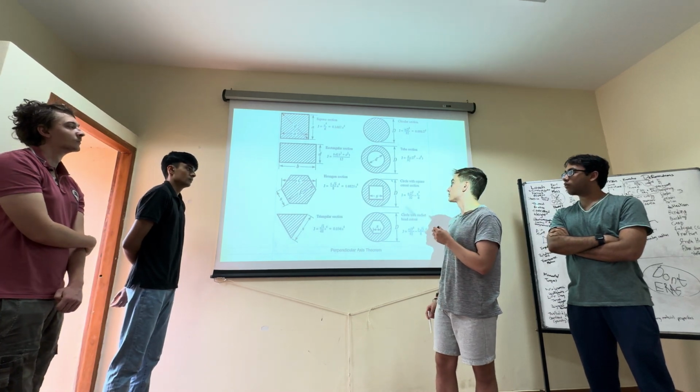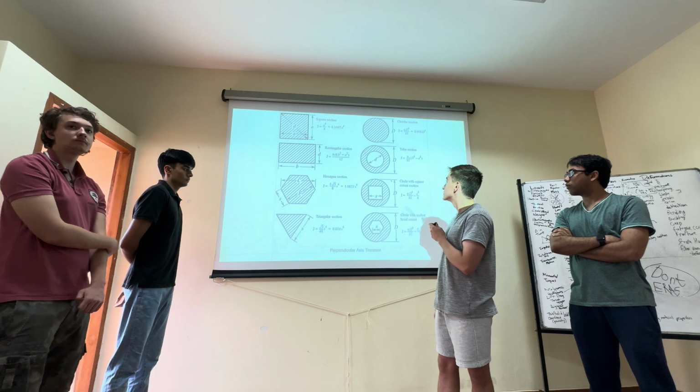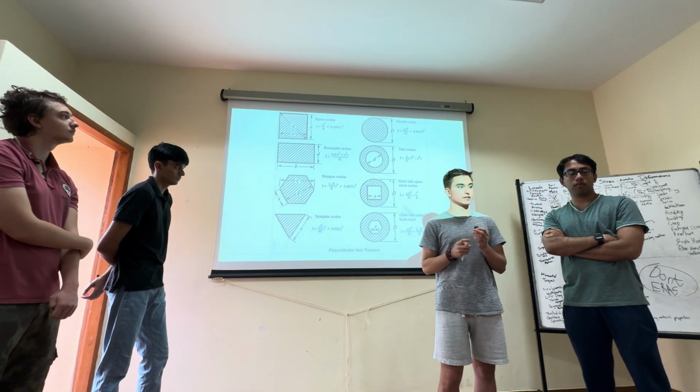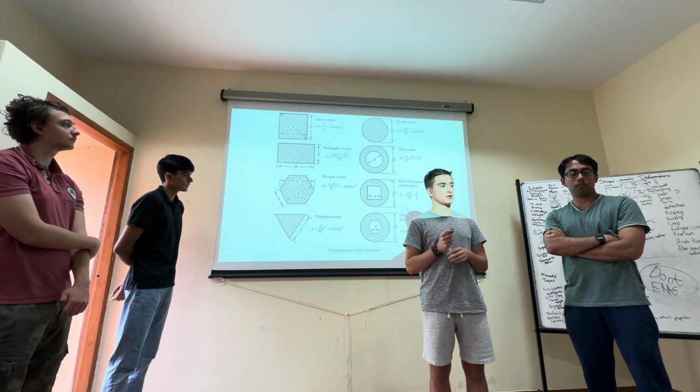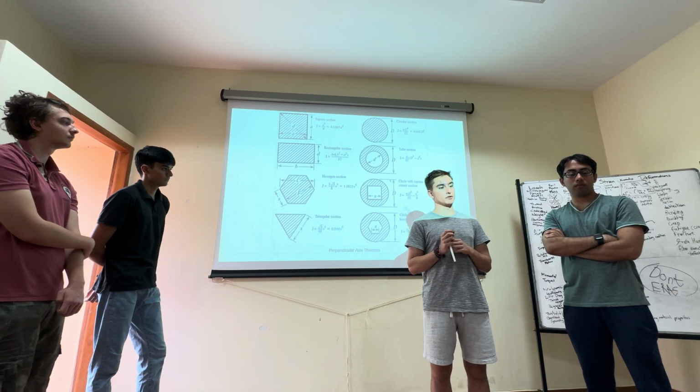So whether you have a square or rectangular cross section, or circular, or a tube section or a hexagonal section, we're going to have different values of J, and of course that's going to affect how it behaves under loading or under moment.